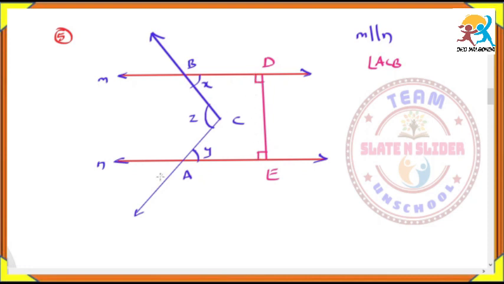So in the construction, draw DE perpendicular to N. So here we got one pentagon. Observe here A, E, D, B, C. It is a pentagon.